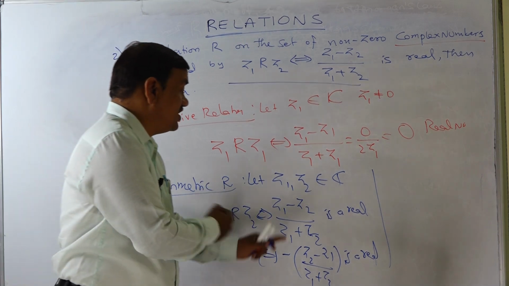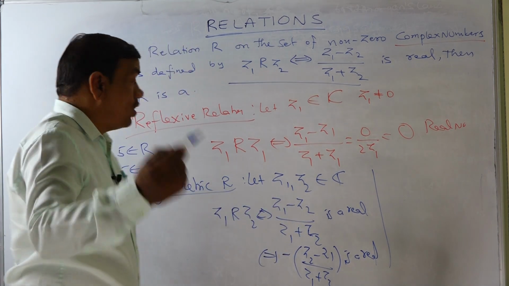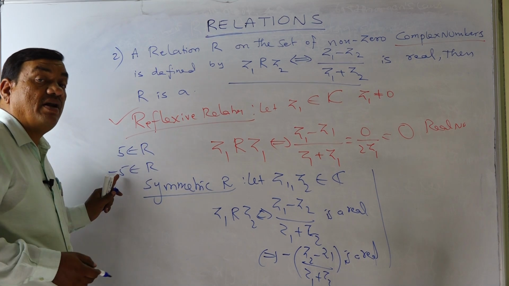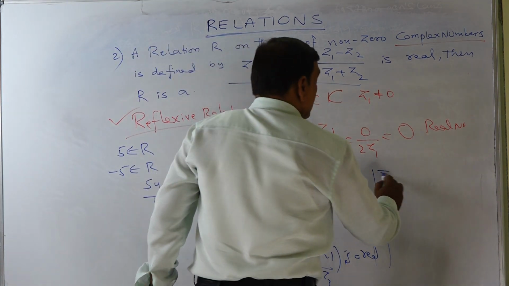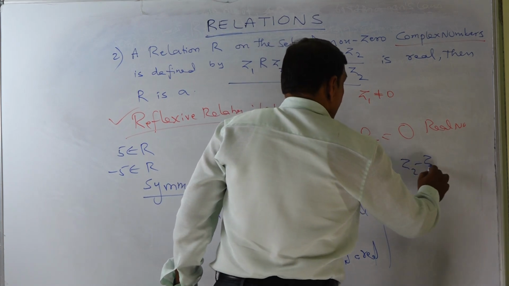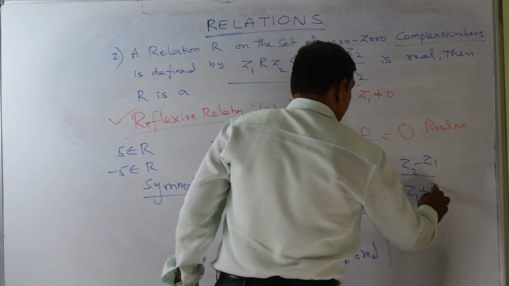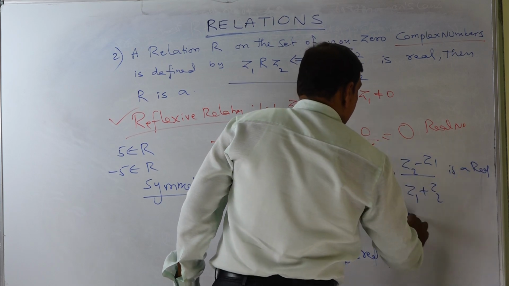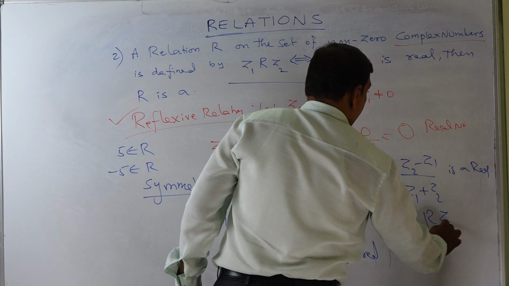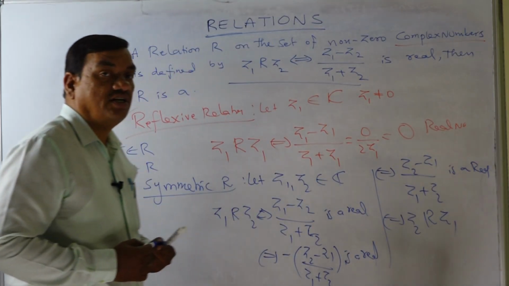Of course, I interchanged Z2 minus Z1. Now one more thing: if it is a real number and I multiply with minus 1, then it is also a real number. So (Z2 minus Z1) by (Z1 plus Z2) is a real number. Is it not Z2 related to Z1? Yes, it is. That means however Z1 is related with Z2, by the same relation Z2 is related to Z1.